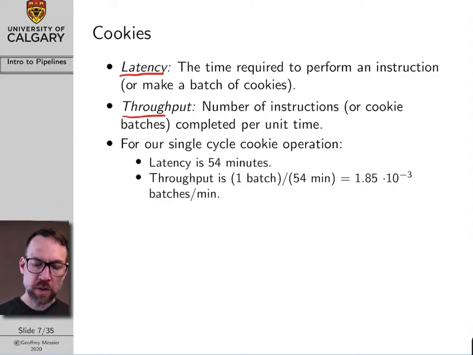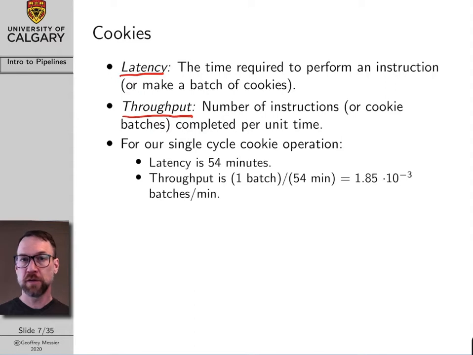The next metric we care about is throughput. And throughput is basically the number of instructions performed per unit time. And usually we express this in terms of clock cycles. So how many instructions do we perform per clock cycle, or how many instructions do we perform per second?